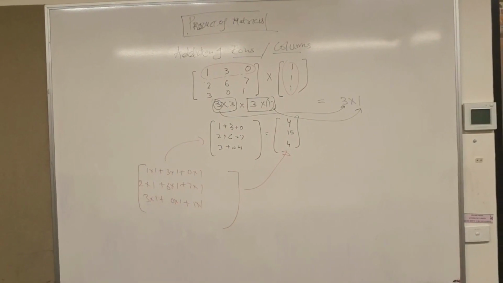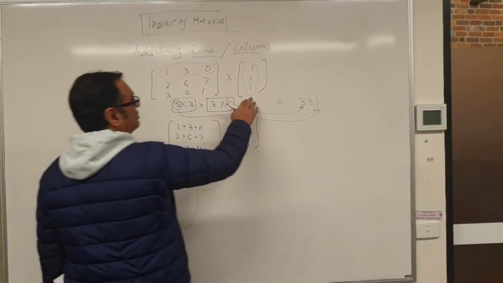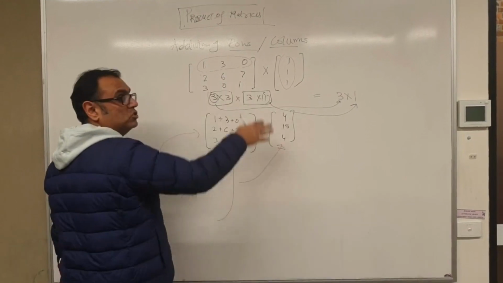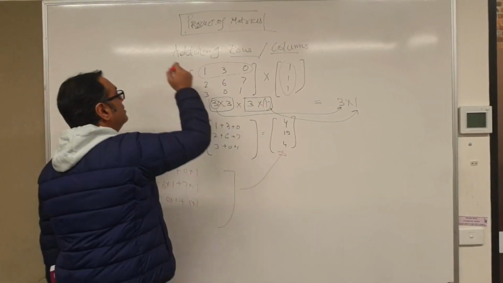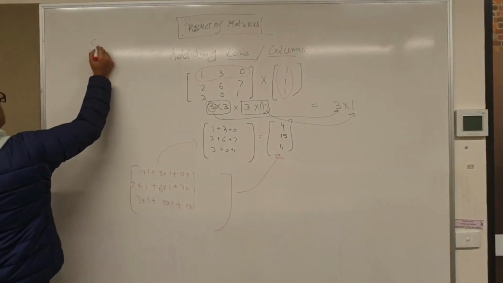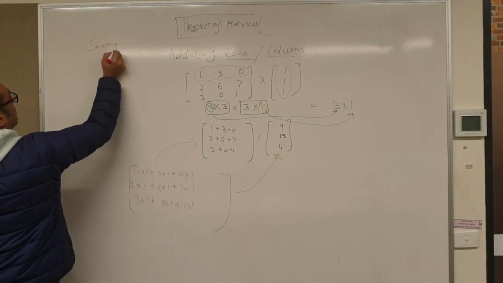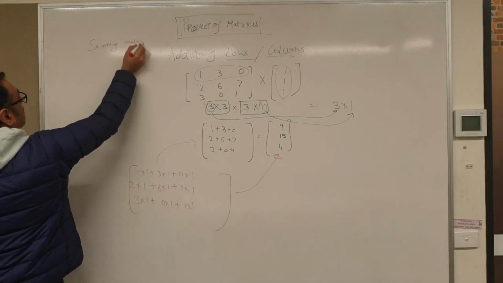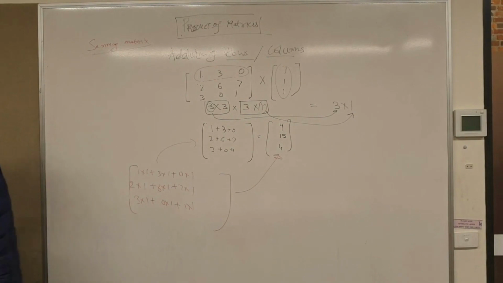Make sense? This matrix, which helps you to add the rows, is called a summing matrix, or summation matrix.